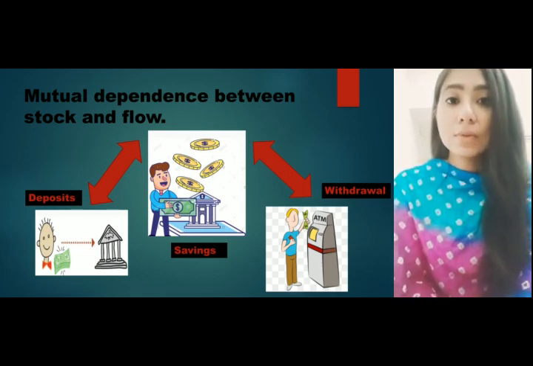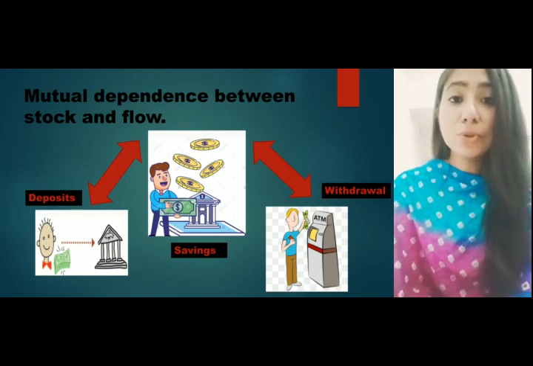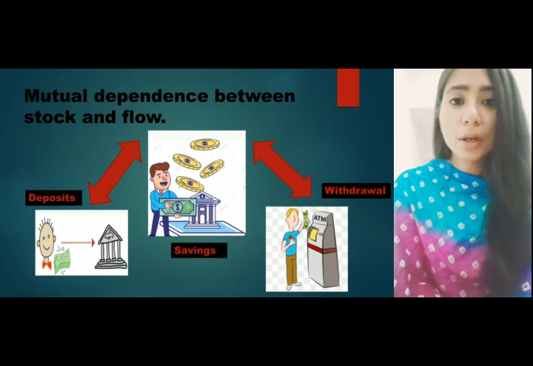And on the same side, when you see the withdrawal process, which is a flow concept, if you want to withdraw the money and you don't have the money in your account, you won't be able to withdraw it, right? So the stock is the source of that particular flow, the withdrawal. If you need to withdraw the money, which is the flow concept, you need money in your account, that's saving, which is the stock concept.